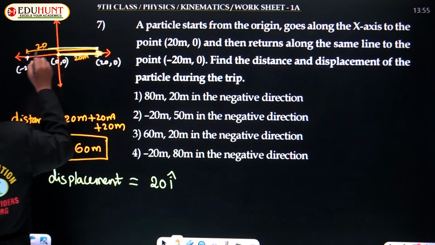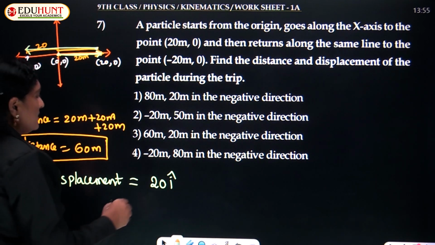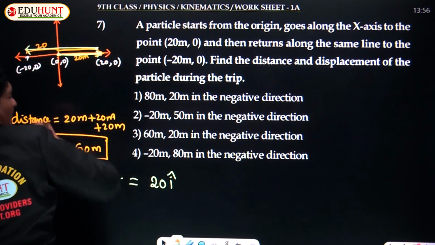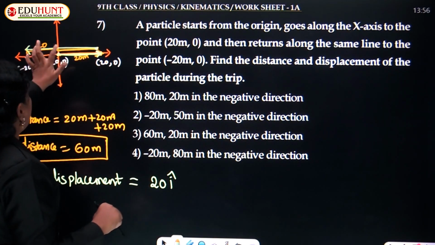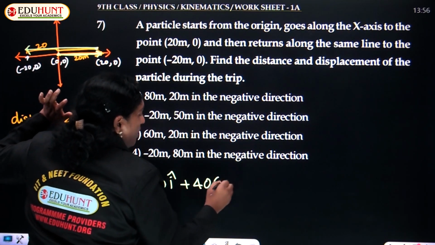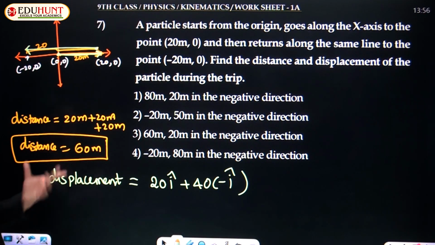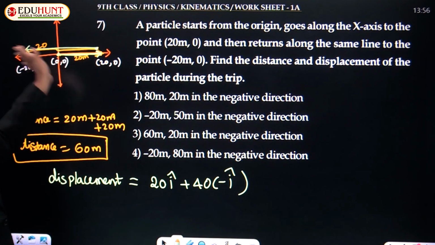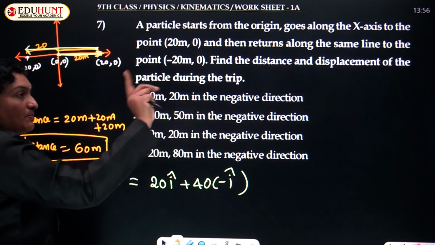The total journey is now in the backward direction. That means moving along the negative x-axis, from here to here it is 20, here to here it is 20. Totally 40 along the negative x-axis. Negative x-axis means minus i cap. Backward direction means minus i cap. Forward direction means plus i cap.